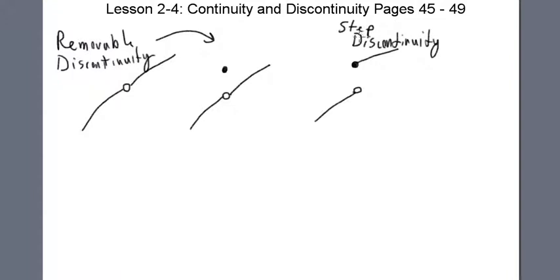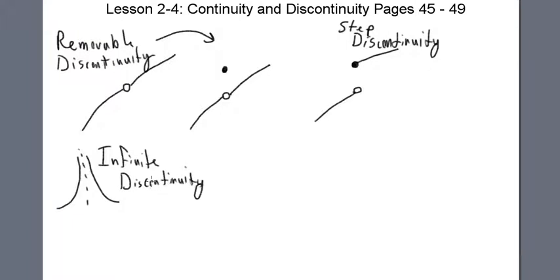Another example we looked at in a previous problem set is a graph that shoots up and then comes back down, basically having a vertical asymptote. This is an infinite discontinuity, and it is discontinuous. So all these four examples are situations where we have a discontinuity.